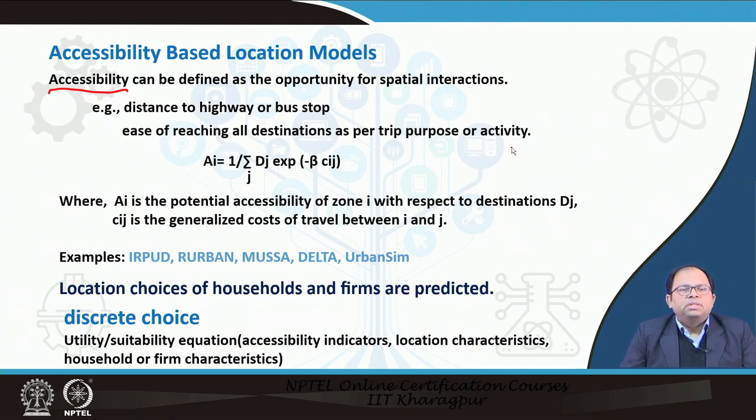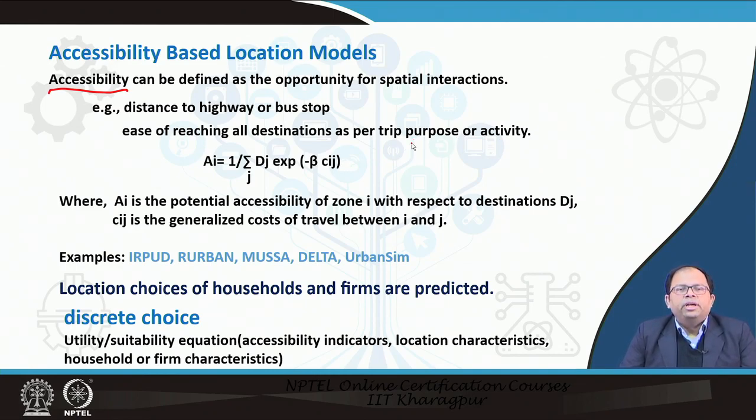That means for a person located in a particular area, the accessibility of that area depends on the different activities the person participates in in an urban area, and what benefit this area holds in terms of his access to these different activities. It depends on different types of activities.